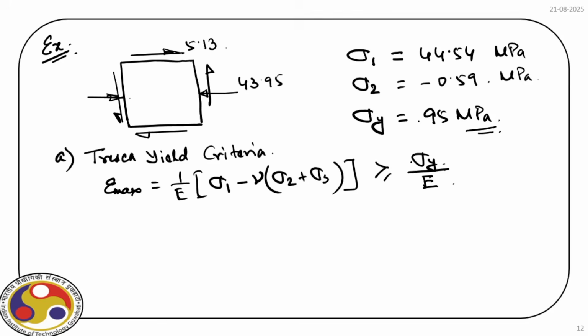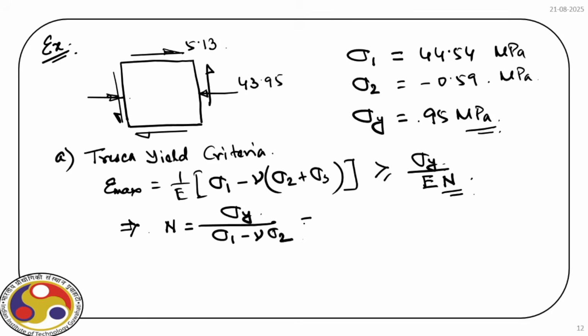Now normally what we do in case of design, we introduce a factor of safety, say n. Okay, now we check this factor of safety. So in our case we have n is equal to sigma y divided by sigma 1 minus nu sigma 2.